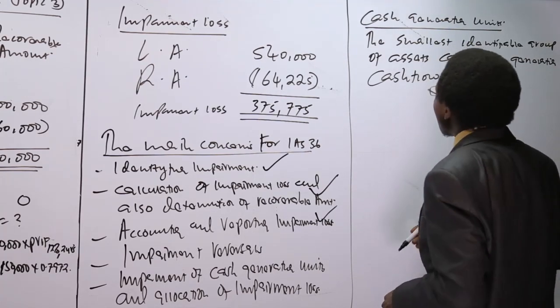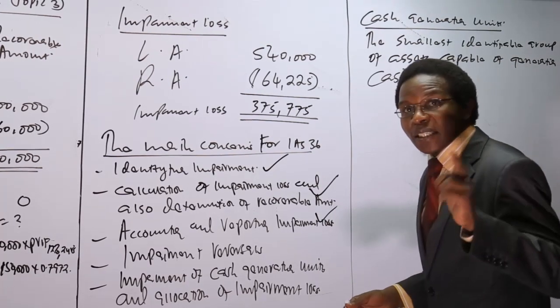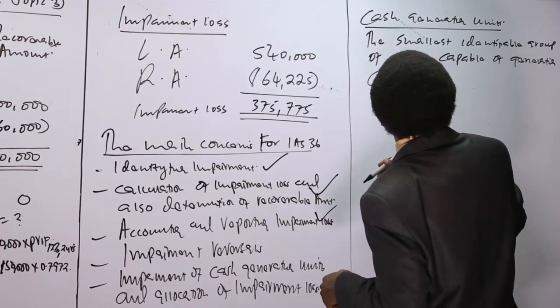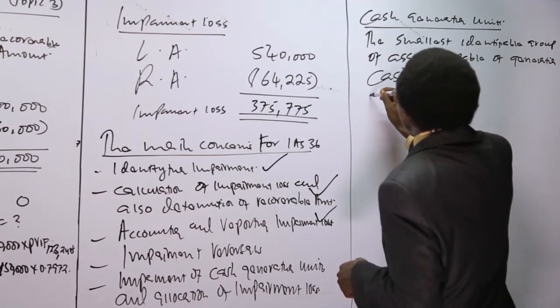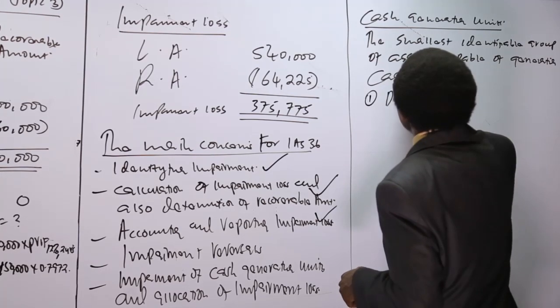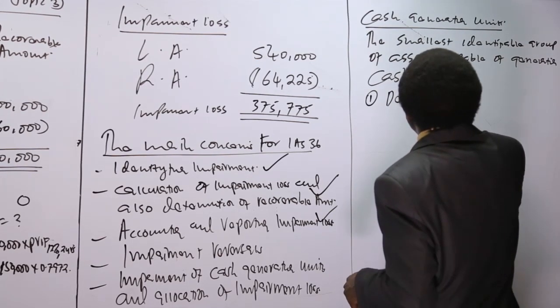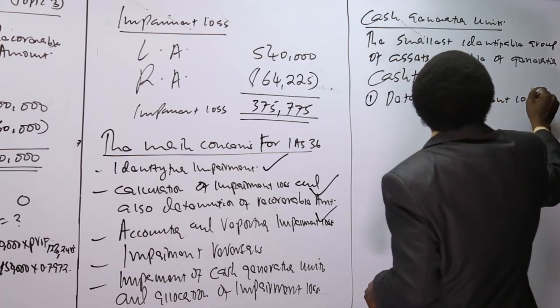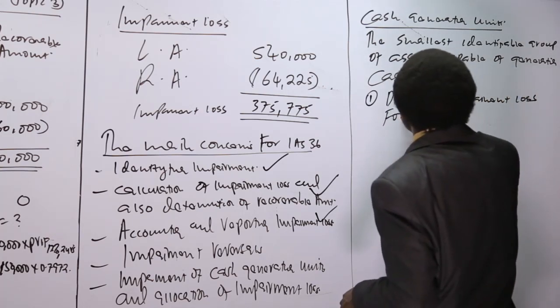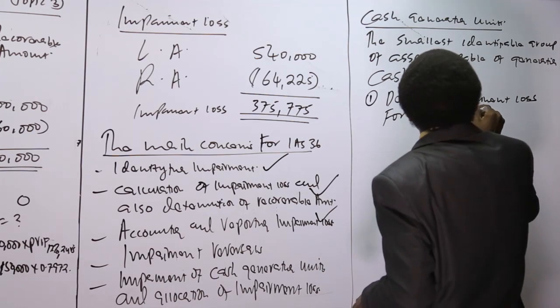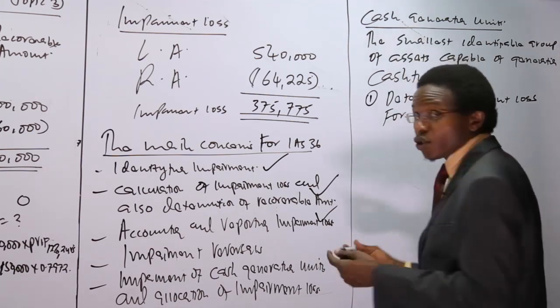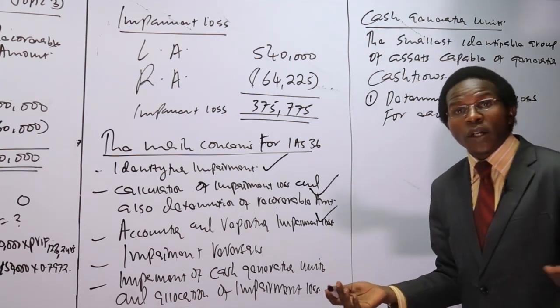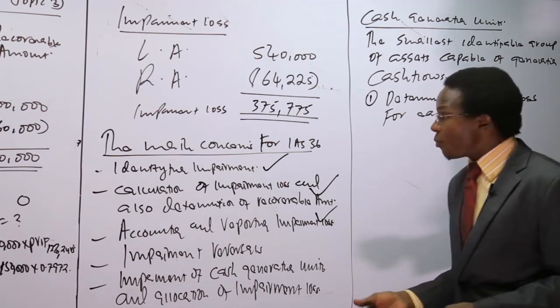Now, in a cash generating unit, we must determine the impairment loss. So, 1, determine the impairment loss for each unit. Just as usual, impairment loss is equal to the carrying amount less the recoverable amount.